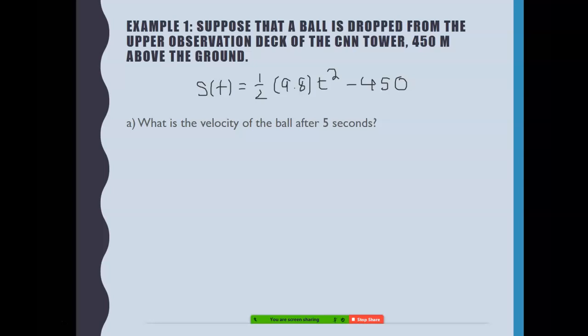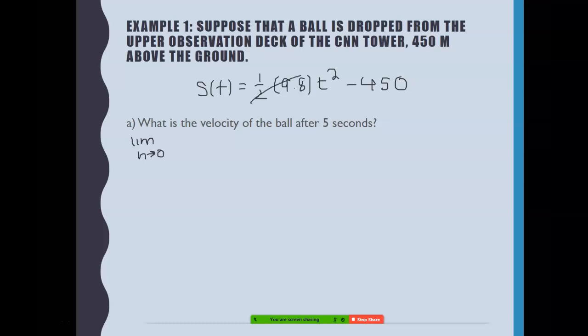So what is the velocity of the ball at 5 seconds? Well, that's kind of like saying the limit as h approaches 0 of f of x plus h minus f of 5, all over h.